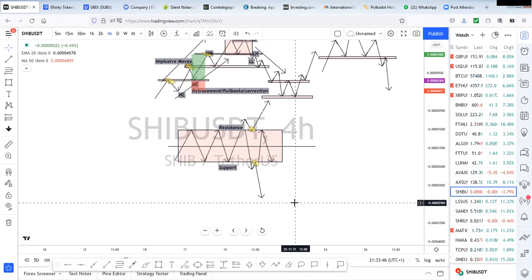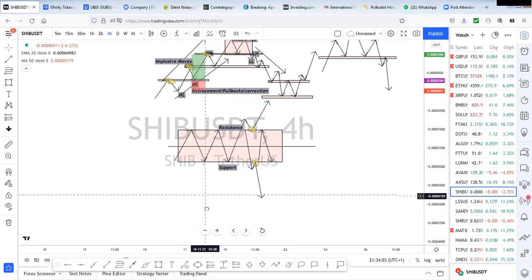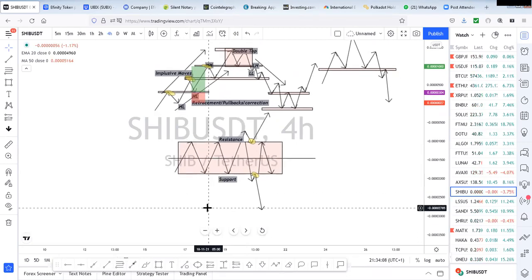Number one, by waiting for price to approach a support or resistance level. Then you can buy at key supports. If you want to trade this market, you buy at this support area.